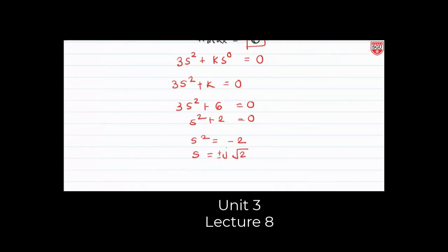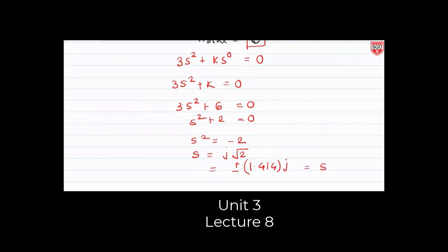Because we are taking the root. What will be the root of 2? I will just write first j root 2. Root 2 is nothing but 1.414. It will be plus minus j. So this is the value of s.